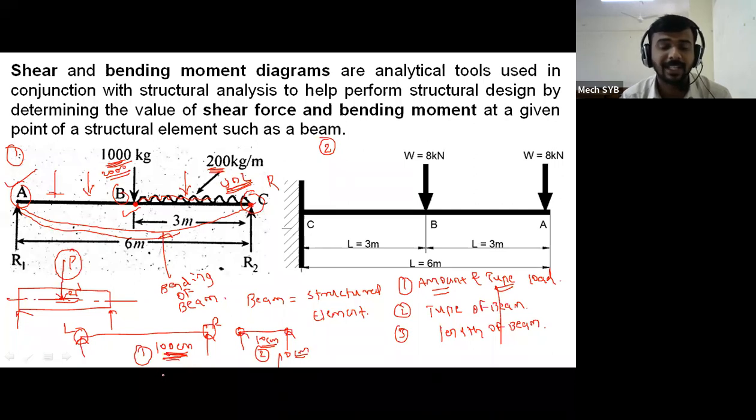जेवढी बीमची लेंथ तुमची जास्त असणार आहे तेवढी त्याचं बेंडिंग होण्याचे चान्सेस जास्त असतात. Because there is a reason. Because this particular beam structure is also having its own weight, and that own weight is acting in the downward direction.